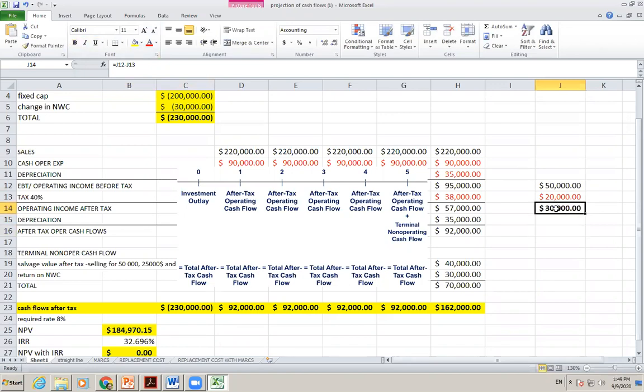This is after-tax salvage value, plus, if the change in net working capital was 20,000, or 35,000, you're going to add this 35,000 to the after-tax salvage value. So in total, it's going to be 65,000. So your terminal non-operating cash flow will be equal to 65.